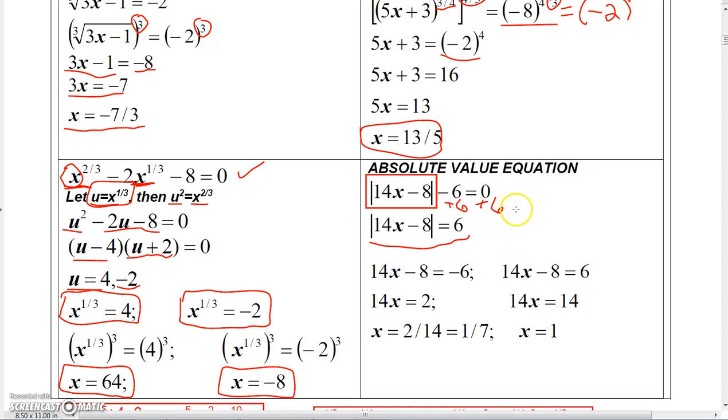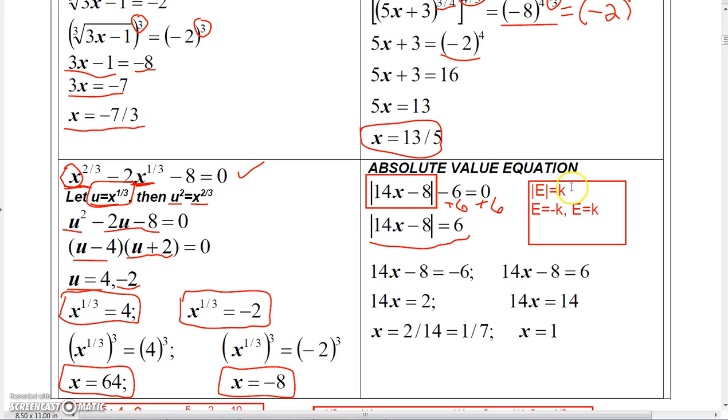Well, there's a property that says that if you have the absolute value of E, I'm going to say E for expression, equal to a constant k, then that has two solutions. Either E equals minus the constant, or E equals plus the constant.